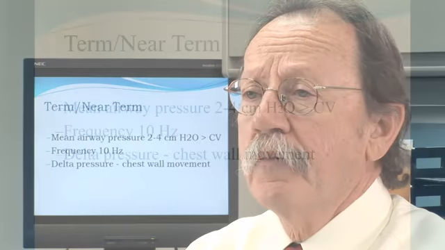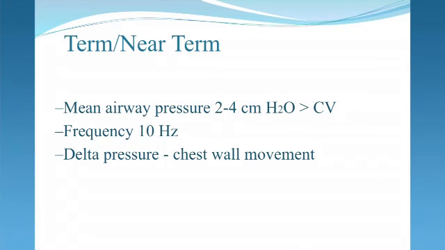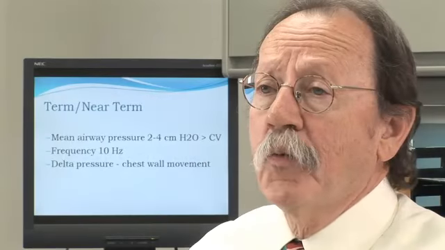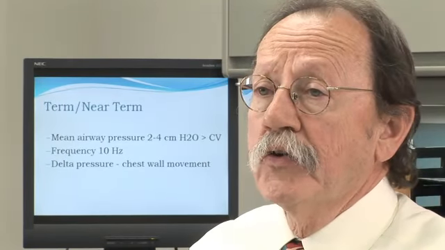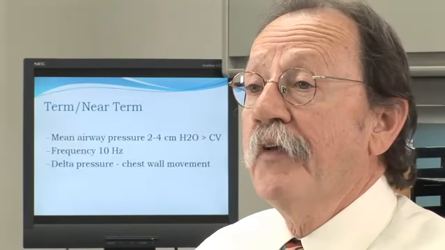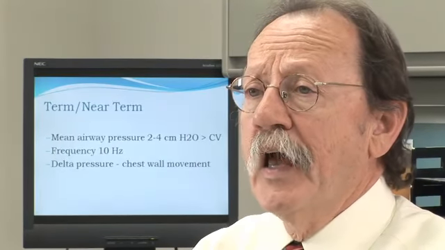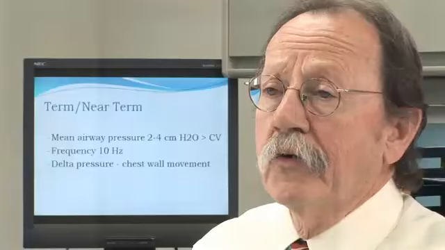For the term and near-term infant with similar diffuse alveolar disease, again, these babies need more mean because their lung is harder to get open. We don't go above 10 hertz, and typically we use somewhere in the 7 to 10 hertz range because many of them are infected and have airway disease, and faster frequencies would air trap them.